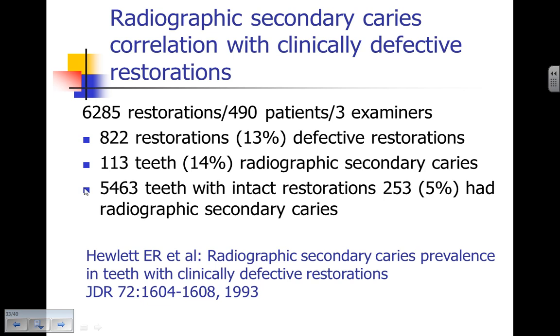Of the other teeth that were looked at, and that would be 5,463 teeth where the restorations were intact, 5% of them, 253, had radiographic secondary caries that could be viewed on the bite wing radiograph.